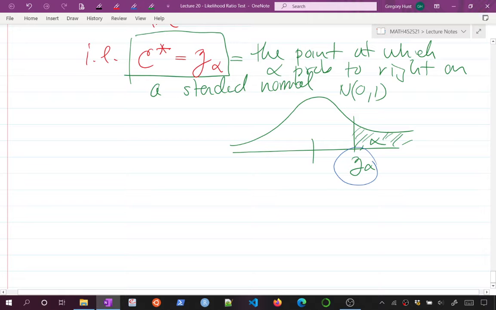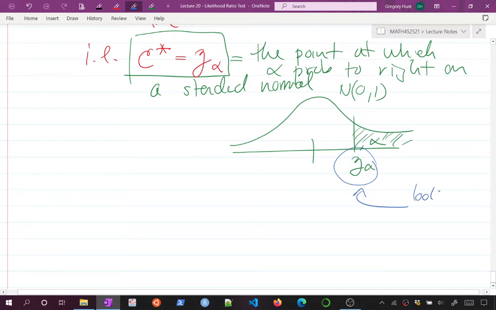In an intro stats course, you look up in your table, oh, I'm doing a one-sided test, right? And I choose my value, oh, I want alpha to be 0.05, so I choose my value according to that table. That's just looking up the value of z alpha.